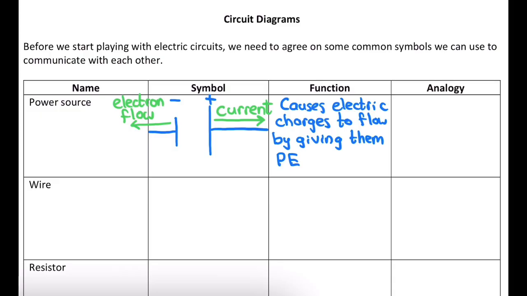And the thing on a ski hill that behaves the same as a power source in an electric circuit is the chairlift.